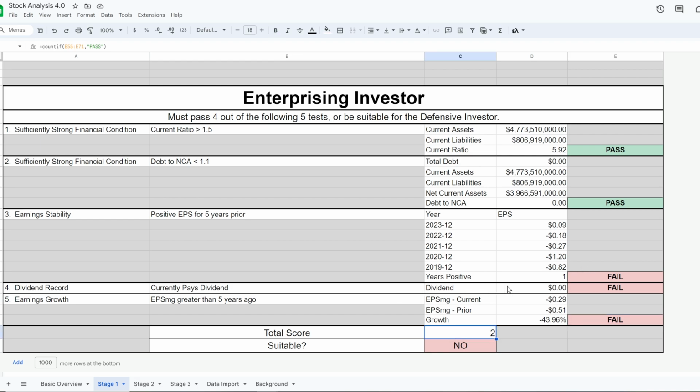And the thing here is that if the company were just to pay a dividend, even if it was only a penny, it would suddenly be suitable for the enterprising investor. And that is intriguing because that means that solid enterprising investors who are doing a lot of research may want to keep this one on their watch list to really keep an eye out for when that time comes.